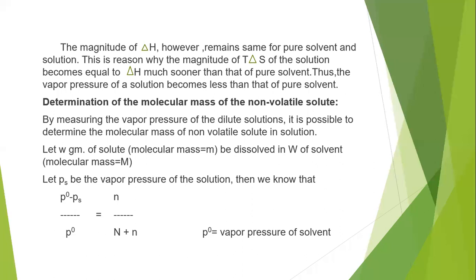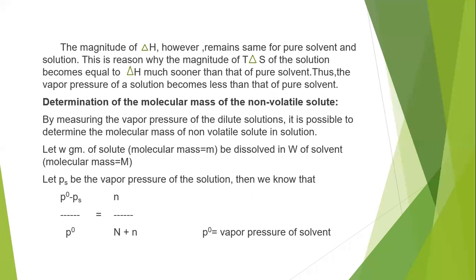So the delta H value for pure solvent and solution are the same, even though there is a difference in the vapor pressure values. Whatever the T delta S value for a solution, it is always equal to the delta H value for the solution. For a pure solvent, it won't be equal. Thus, the vapor pressure of a solution becomes less than that of a pure solvent.